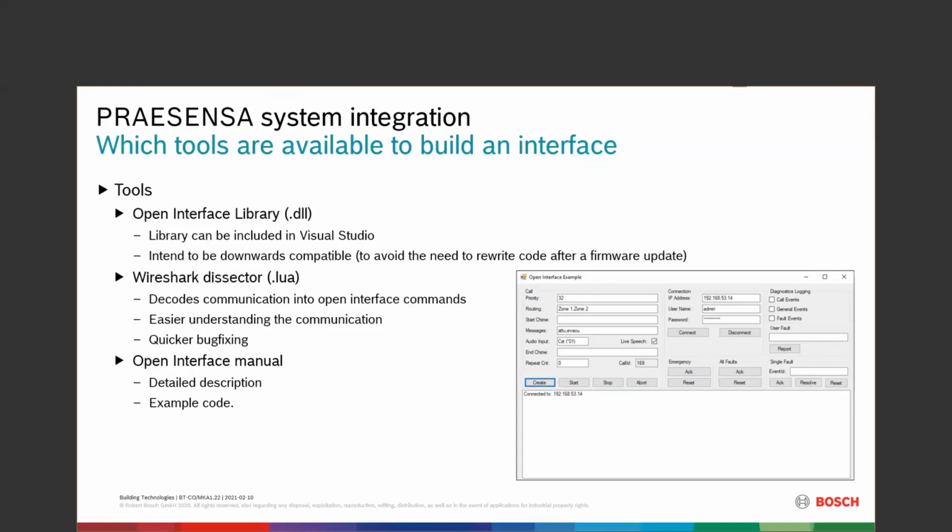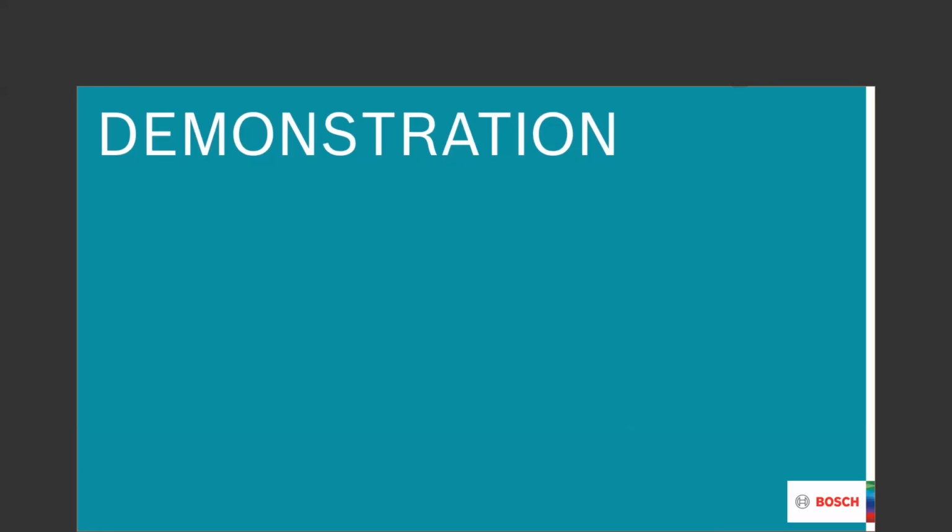Unfortunately, we do not have direct example code, and there are also some security aspects. It's something which is on the wish list, but at the moment not available. But we have the example code mentioned in the manual, which can help you to create this. So this is briefly what I would like to explain about the open interface.